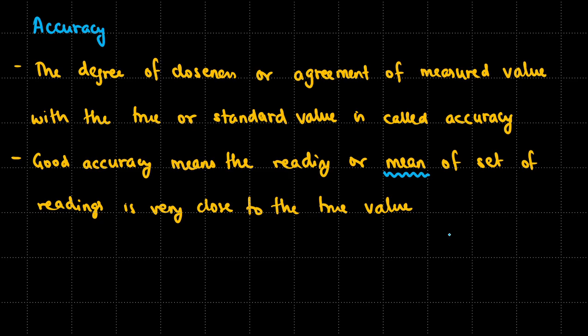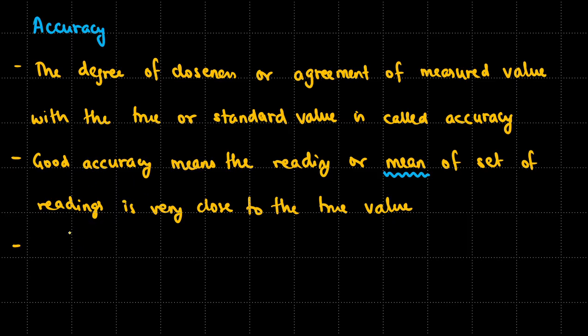When we take the mean, we take all the experiments, the data from the experiments, and take their average. So we get an average approximation of where the value might be, and that must be near the true value.